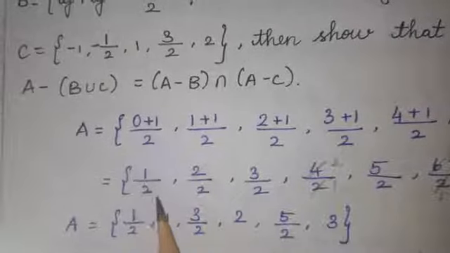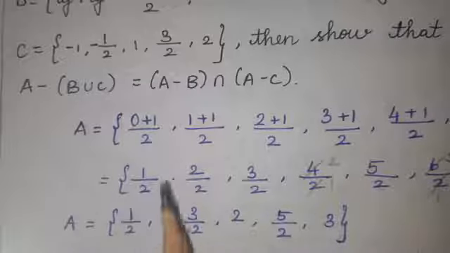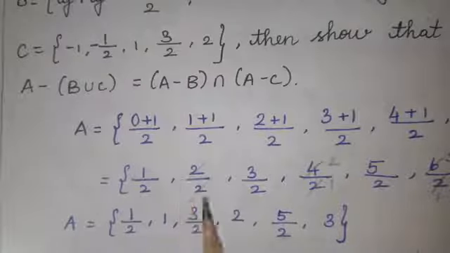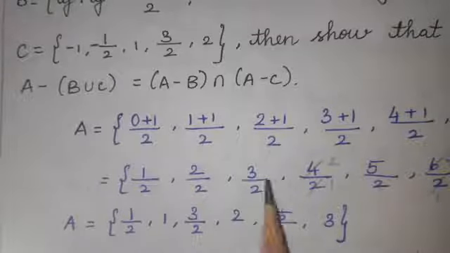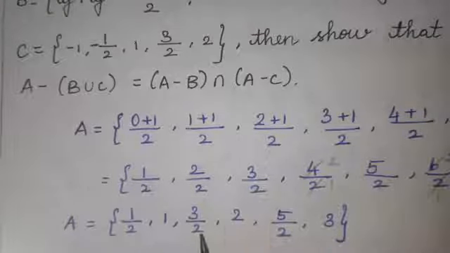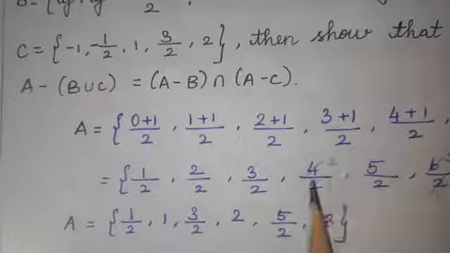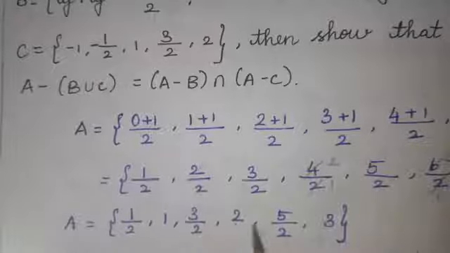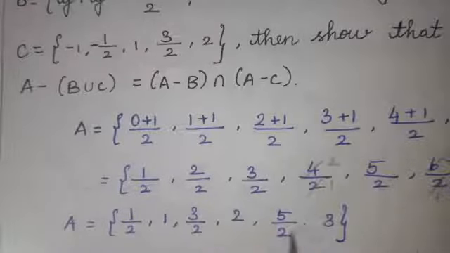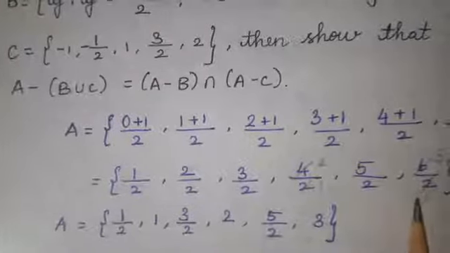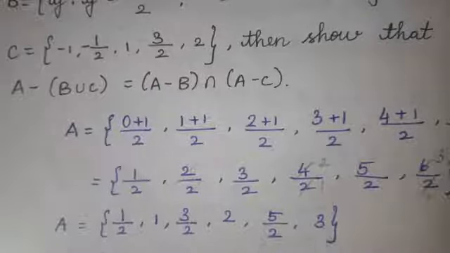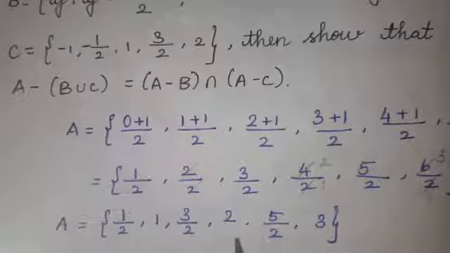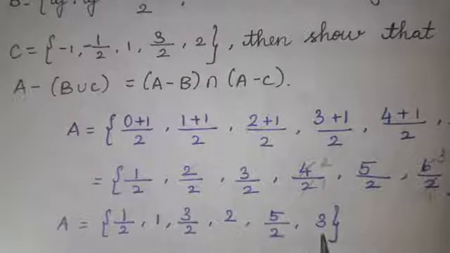Here 1 by 2 we are not able to cancel, so write as it is. 2 by 2 gets cancelled, you will get 1. 3 by 2 not able to cancel. 4 by 2 cancels to 2, then 5 by 2, and 6 by 2 cancels to 3. Therefore A set answer is {1/2, 1, 3/2, 2, 5/2, 3}.